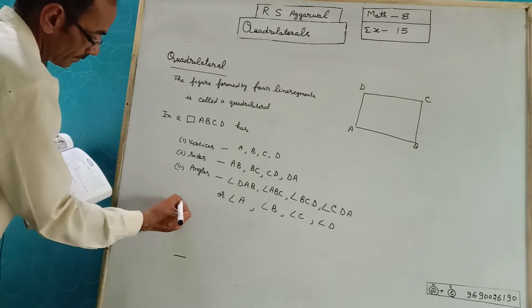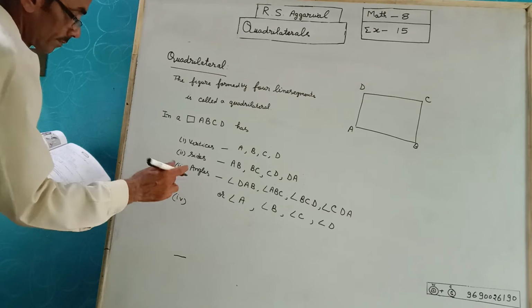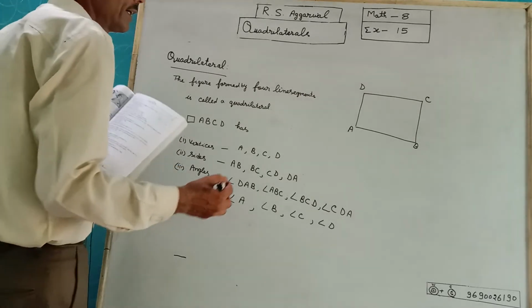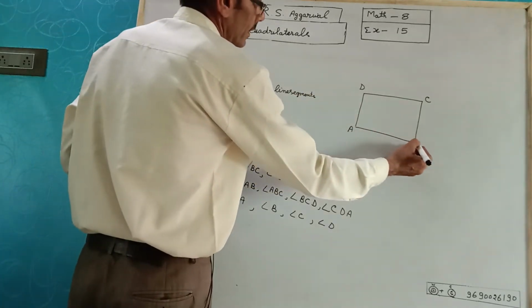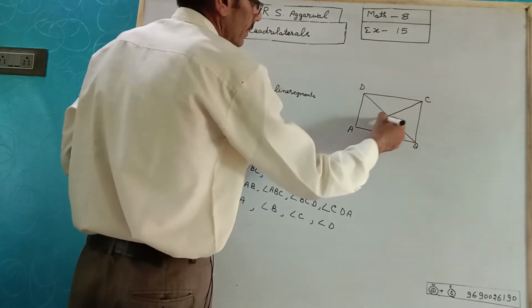Fourth is diagonals. A quadrilateral has 2 diagonals.